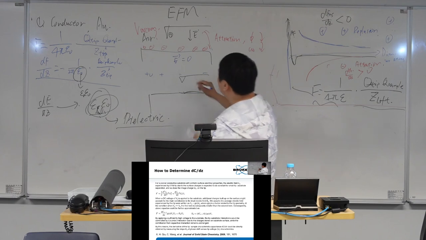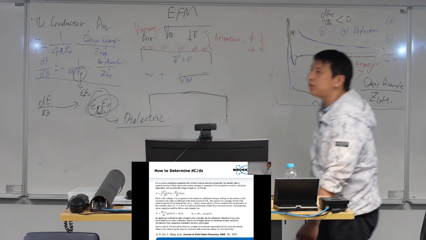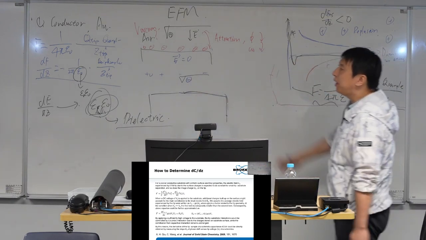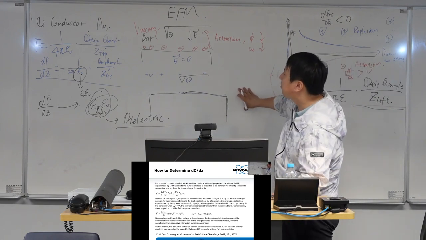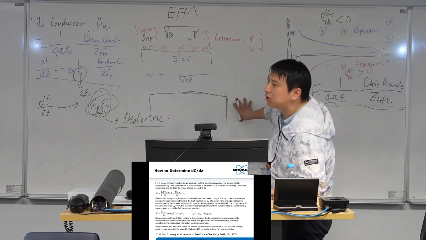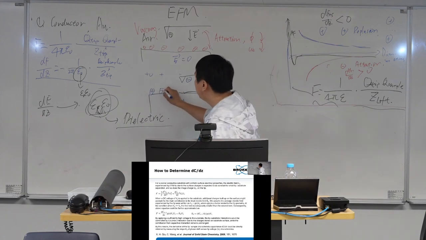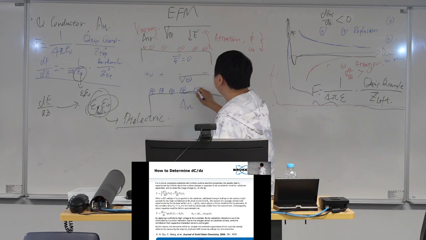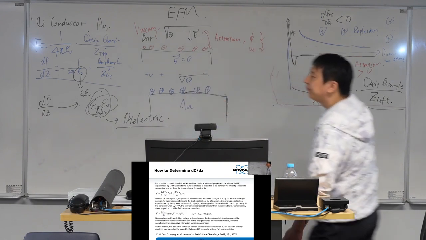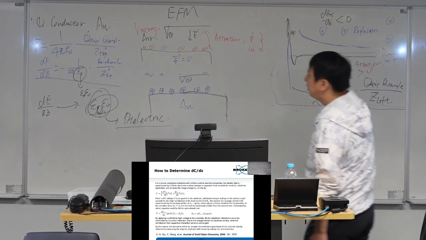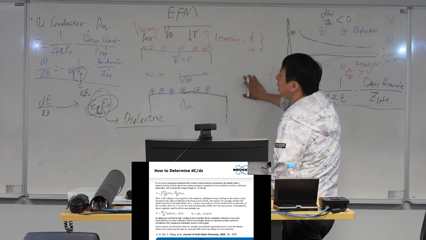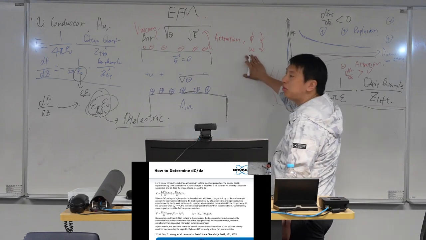If I apply negative voltage on the tip, what will happen? The surface of our gold sample will be positively charged. And in our EFM, what will we get?